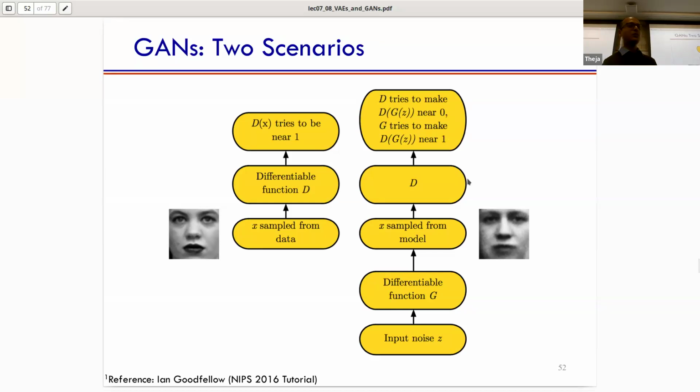That's the goal for G. G has to confuse D to make it start producing numbers close to 1 instead of close to 0. So that's why this is adversarial. On this type of data, D definitely wants to produce 0, but G wants to make D produce 1. So they're against each other. That's one way to explain it.